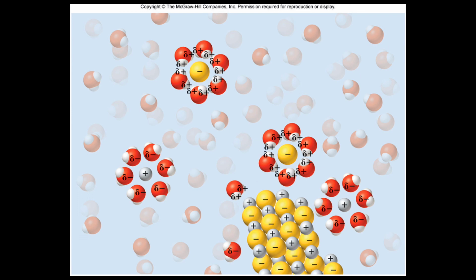Two or three or four water molecules approach that ion, the sodium cation on the corner, and the interaction between water and those sodium cations grows stronger to the point where it overcomes the lattice energy, the energy that is holding that plus-minus attraction holding the sodium to the chloride to its right, to its left, and the one below it.